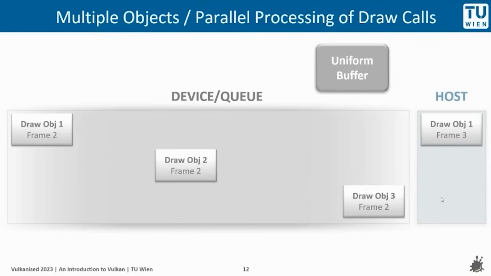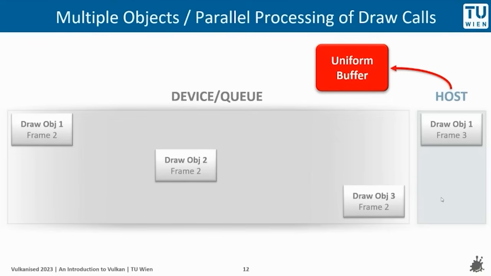And what we also do in our application is we are using a uniform buffer for storing the transformation matrix for each of those draw calls. So what we do on the host side is we write the correct data into the uniform buffer for the next draw call that we are going to submit. Let's keep it simple.